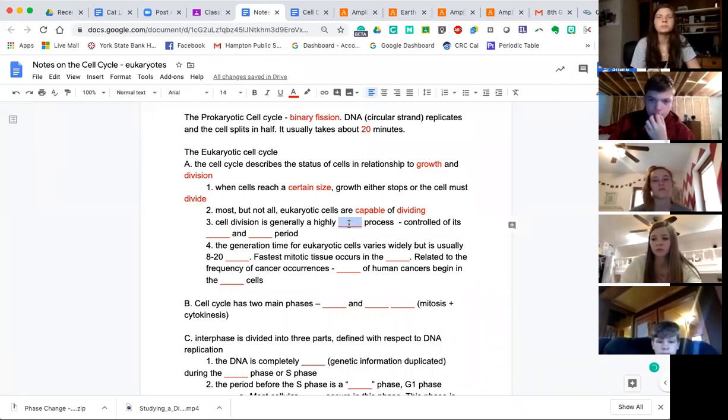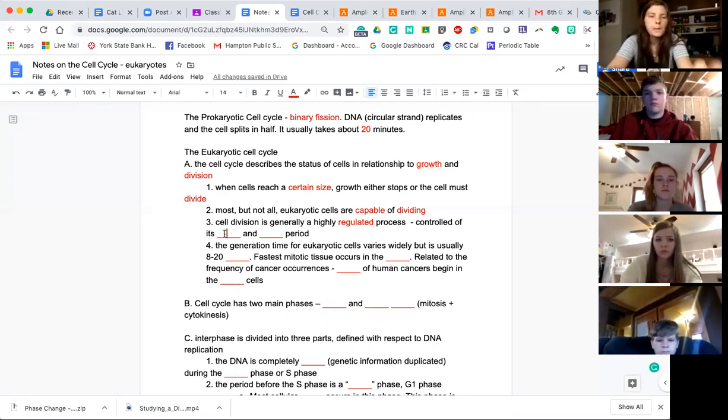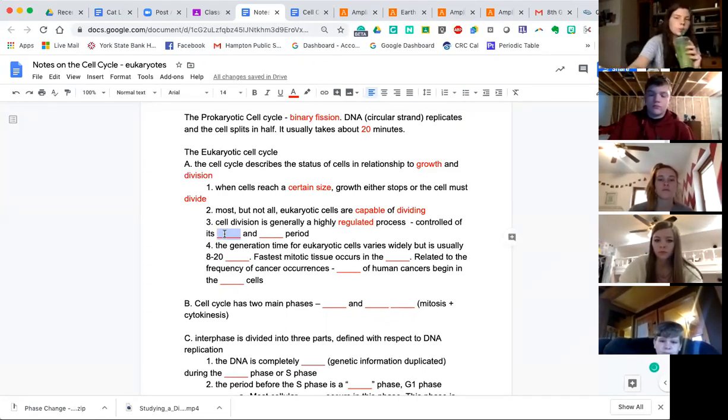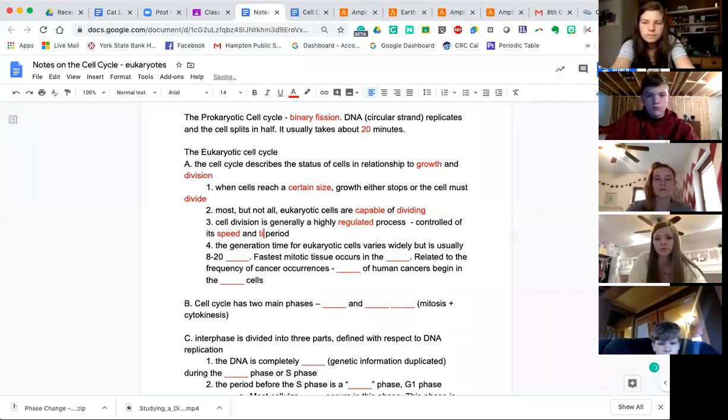Now, most of the time, our body really likes to control this cell division. The nucleus likes to control this cell division. Cell division is generally highly regulated. Our cells and our body control not only how fast the cells divide and how fast mitosis occurs, but also in what time period they occur.